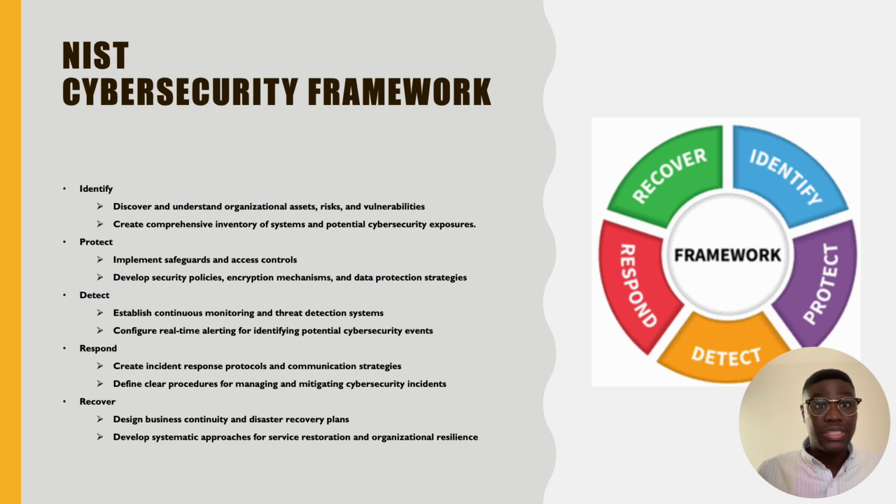The third function is to detect. Now that you've already implemented these policies, the controls, the firewalls in the cloud, you have to do continuous monitoring. Most of these tools, for example in the normal IT infrastructure, we have the NIDS, that's a network intrusion detection system or prevention system. These come in for constant monitoring.